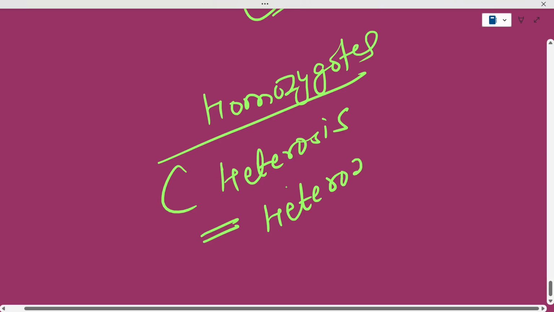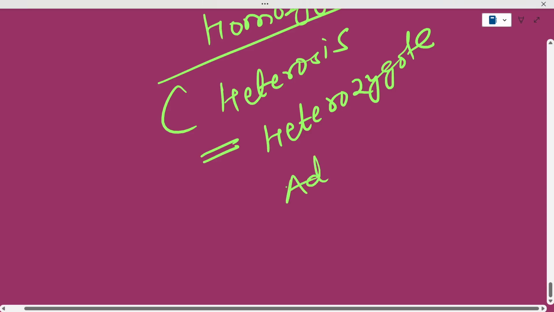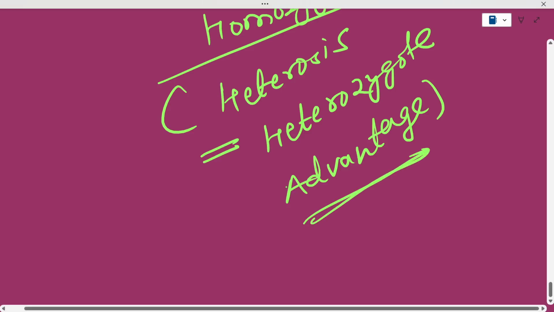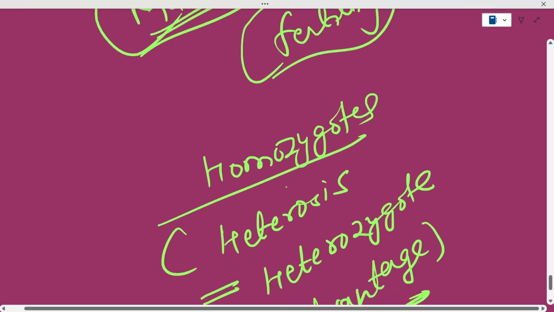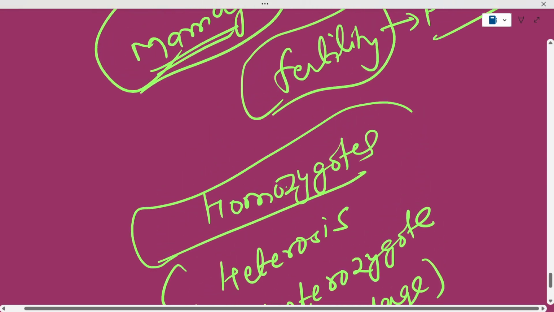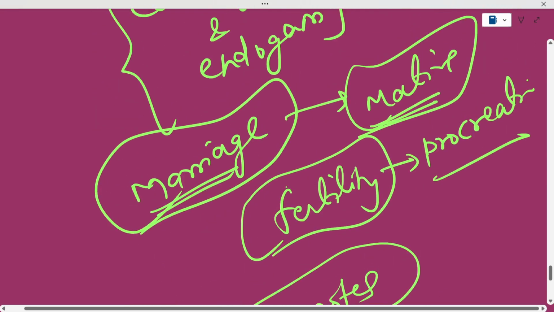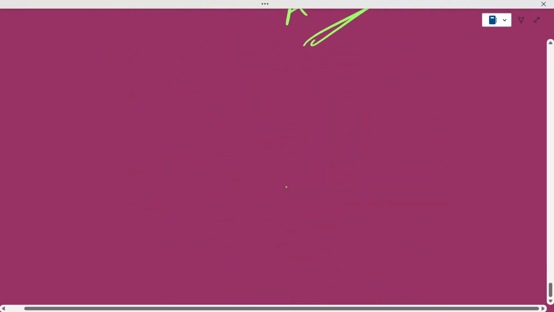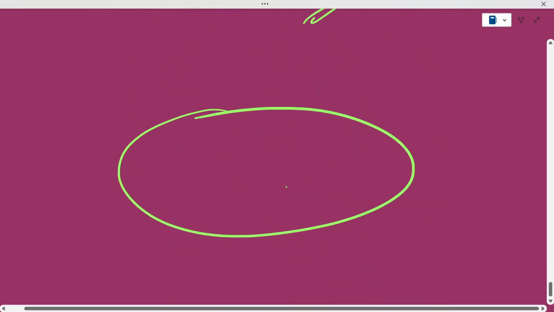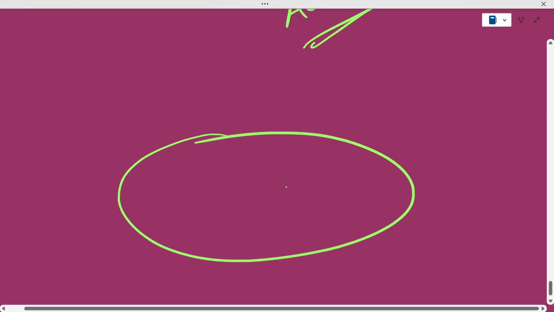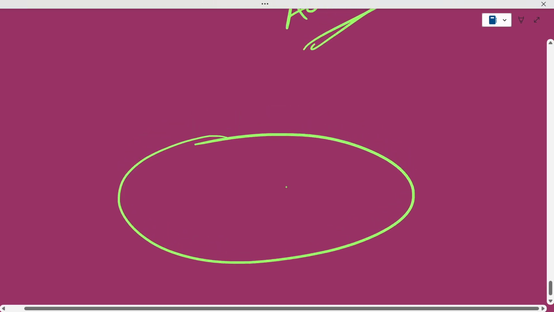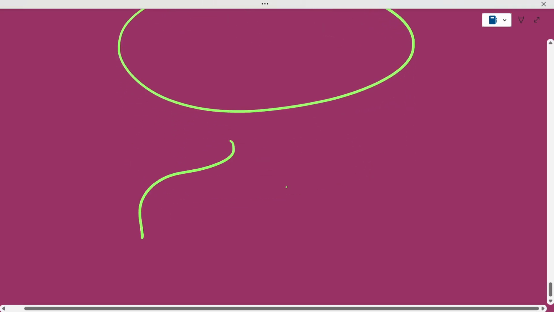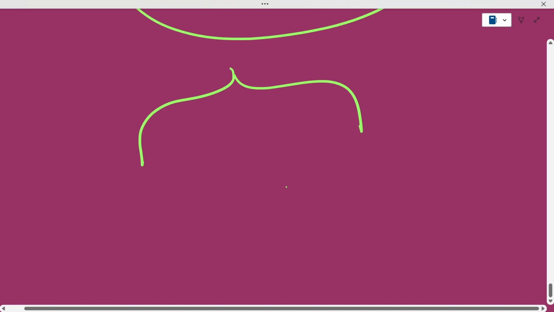In the previous chapter, we studied in detail about heterozygote advantage, which means nature prefers heterozygotes in most conditions. So this situation is reversed, especially in consanguinity and endogamy. How? Let's say this is the pool of population, and you are marrying among your own relatives. In that case, there will be two consequences.